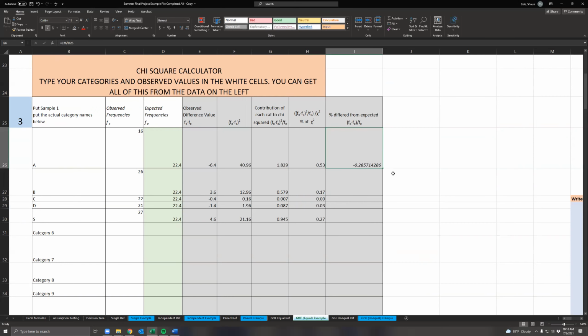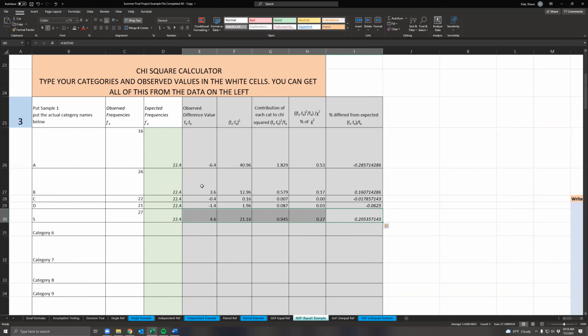Okay, so what this says is this contributed 53%, and this value differed by being 28% below what was expected. This was 16% above what was expected, and this was 20% above what was expected.